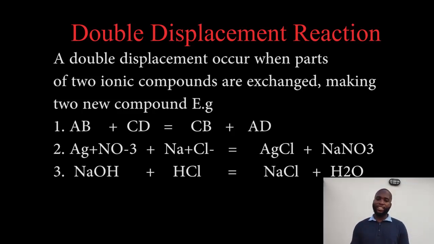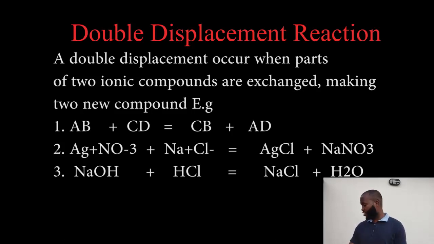Let's take that A is negative, B is positive, C is negative, D is positive. So when you say unlike charges attract, it means A will attract the opposite charge, while C will attract the opposite charge. Okay, let's use a chemical equation to explain this.